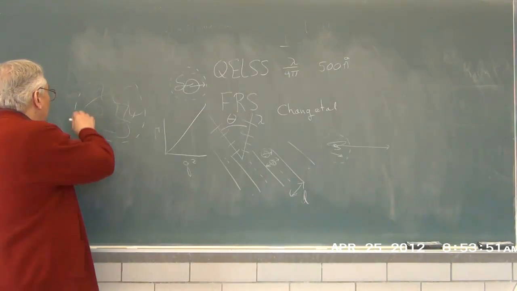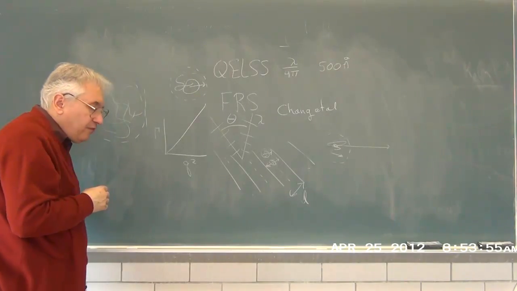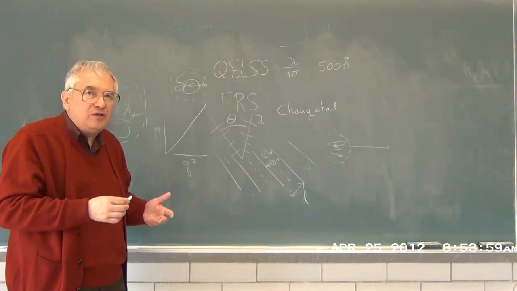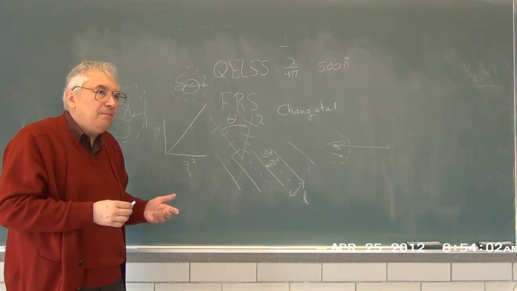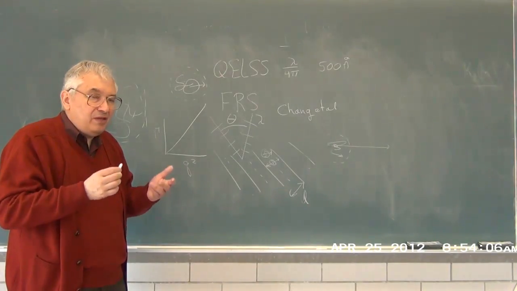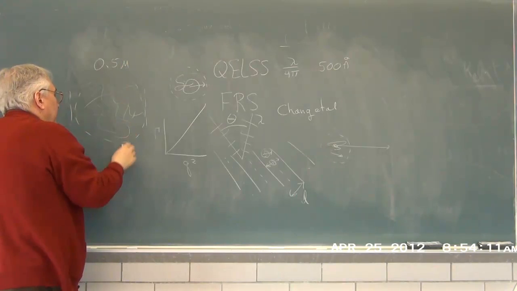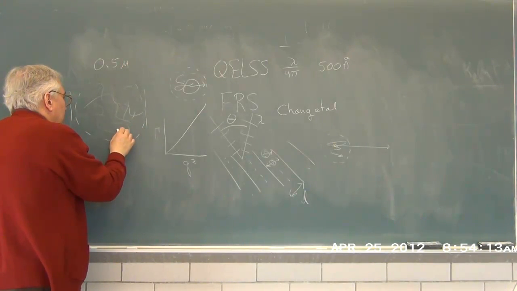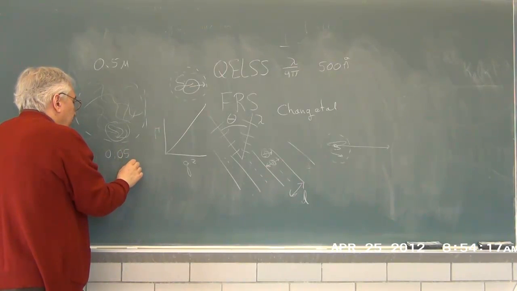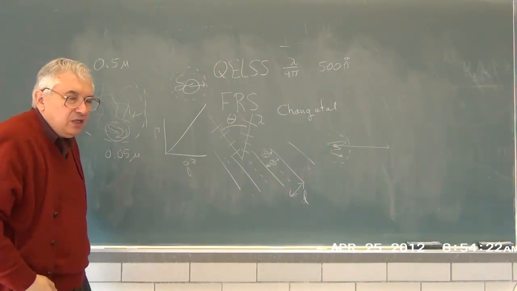And that corresponds to an object which is half a micron across. It's much bigger than a single polymer chain, which is only, this is about 0.5 mu, and the single polymer chains are more like 0.05 mu, sort of 50 nanometers.